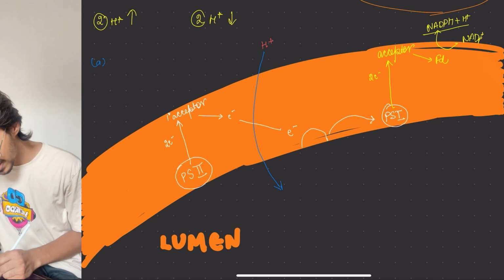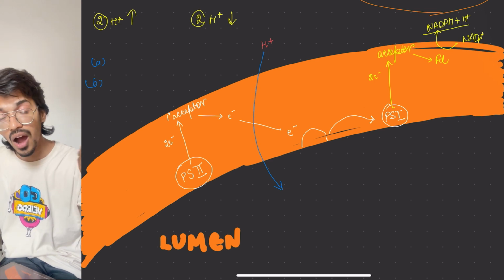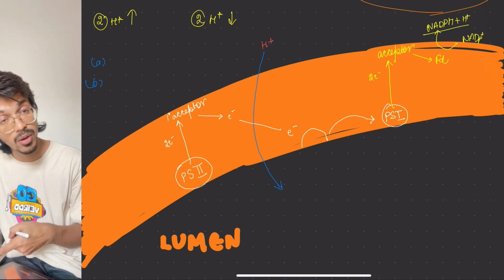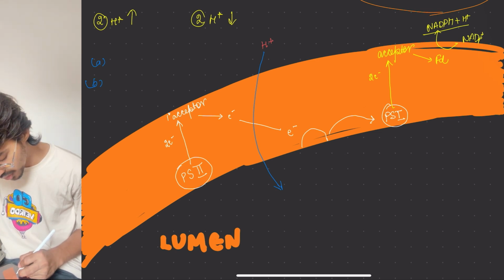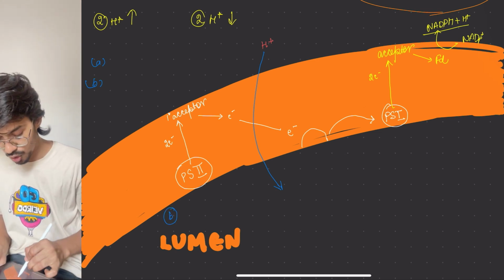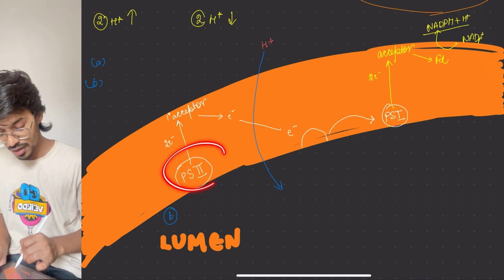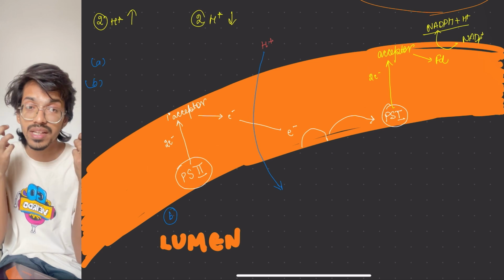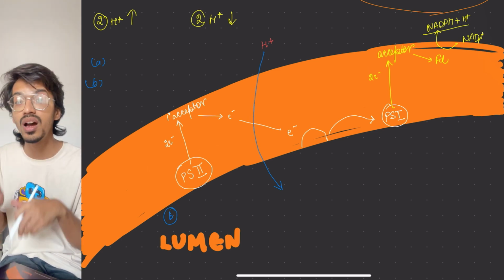Then comes the second option. The second way, how it is increasing inside. Because we are studying the increment. The second way of increment is that once the electron is excited from this whole structure, it requires electrons continuously, or else there will be photo-oxidation of the chlorophyll.